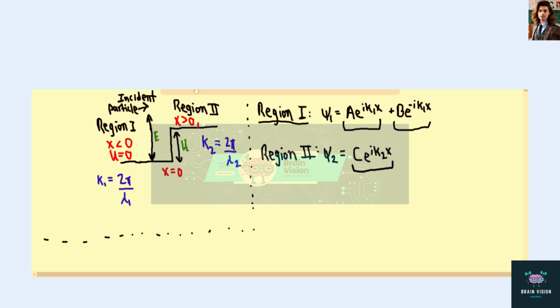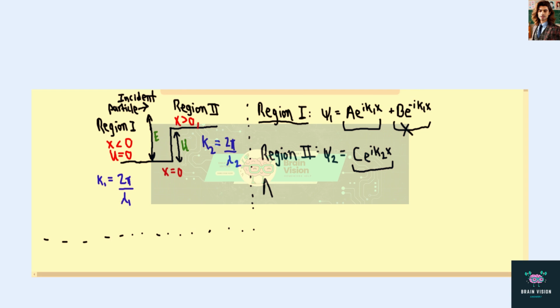So if we have a reflection probability, then we have to think in terms of the coefficients B and A, because after all, this term right here corresponds to reflected particles, because you see this minus sign right here, e to the negative i k1 x. That means the particles move to the left.